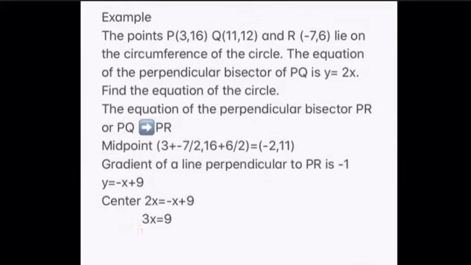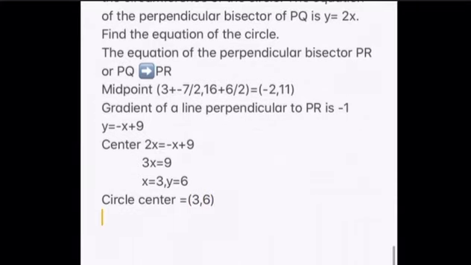So in order to find the intersection of these two lines, we equate them. So 2x equals negative x plus 9, since they both equal y, and 3x equals 9, so x equals 3. Then substitute the value of 3 into y equals 2x or y equals negative x plus 9, and we get y equals 6. So the circle center is (3, 6).